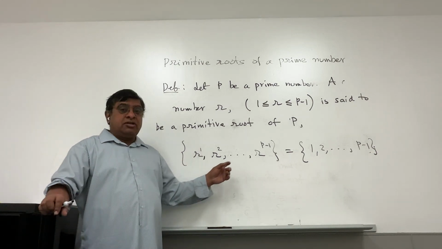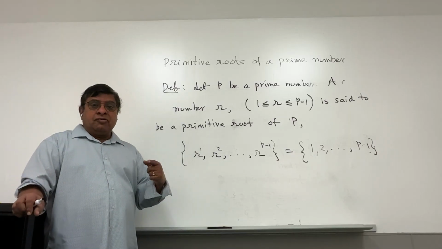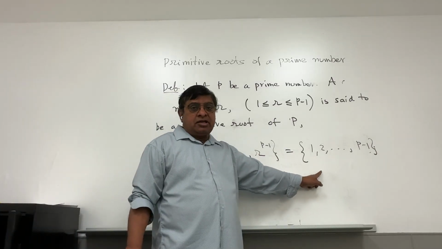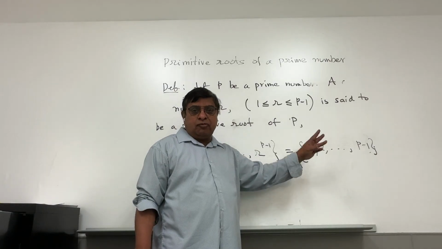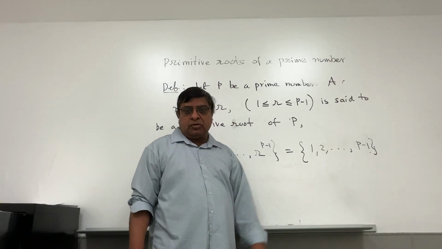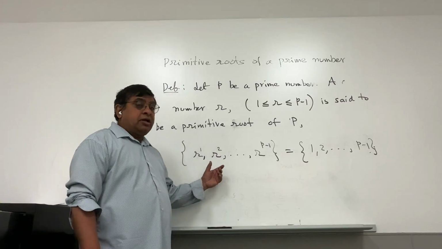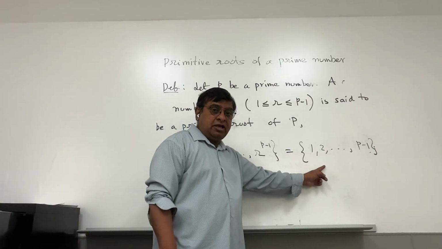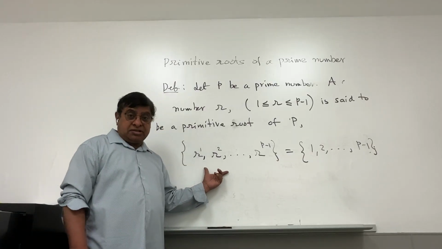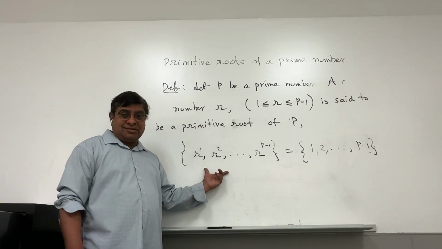And a comment about the set: by looking at the right hand side, this set has p minus 1 elements, namely 1, 2, 3, up to p minus 1. And here, since we're saying these two sets are exactly the same, this must have p minus 1 elements.